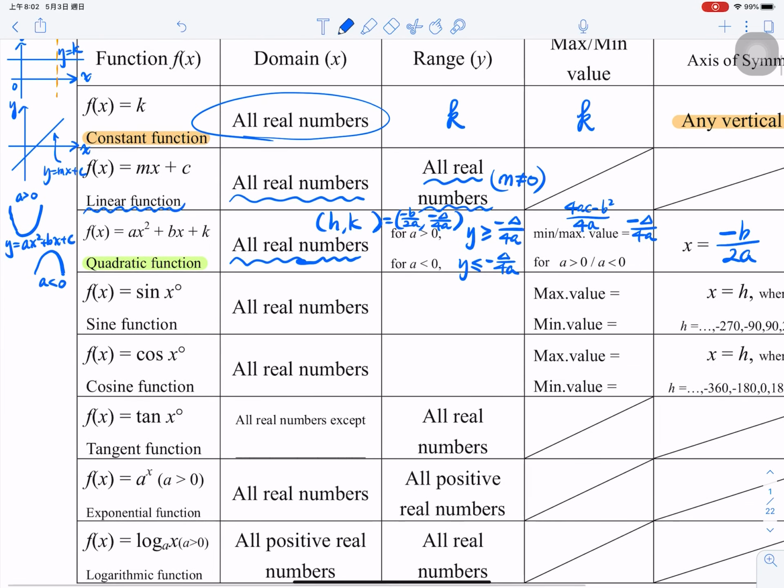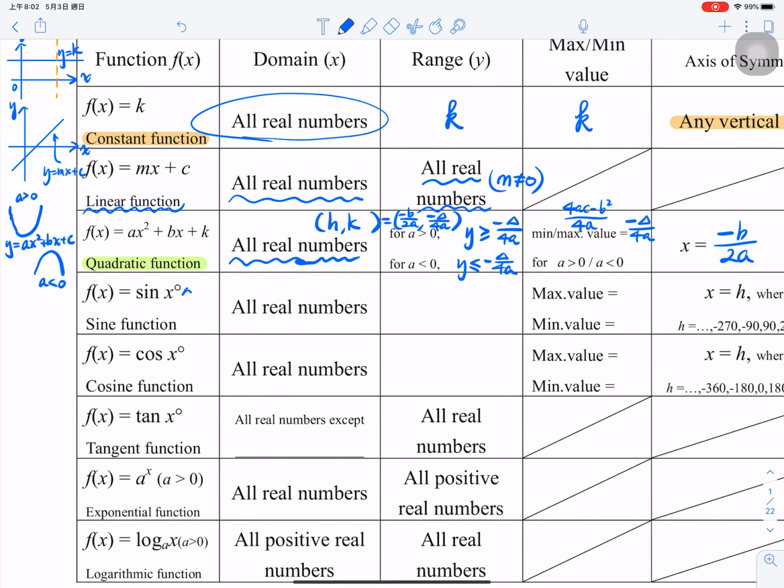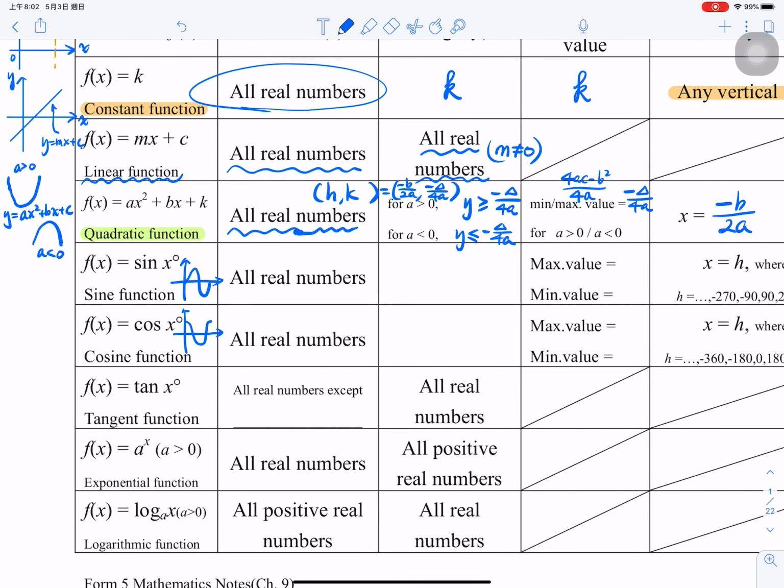Goes on. Sine function, cosine function, and tangent function. Trigonometric functions. Do you remember? This one looks like a wave curve. Cosine function is similar, like this. How about tangent? The tangent function will look like this. So three kinds of trigonometric functions.